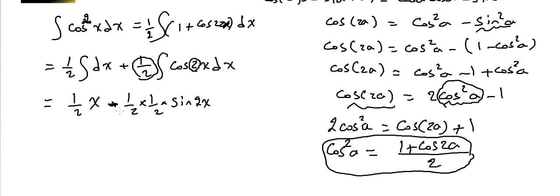The derivative of sine is cosine directly, so this will be plus, not minus, I'm sorry. Plus c, plus constant. So the final answer will be x divided by 2 plus sine 2x divided by 4 plus c. And that's it. Let's do another one in this video.